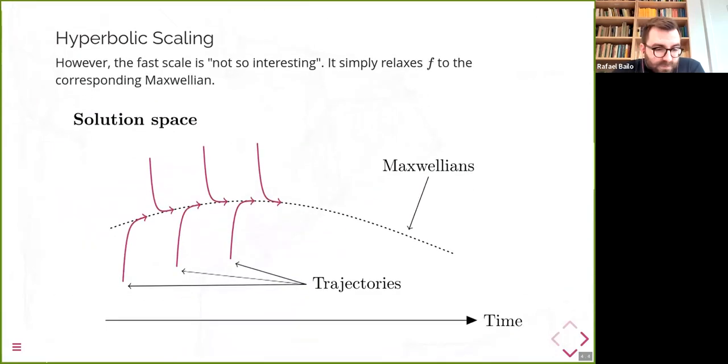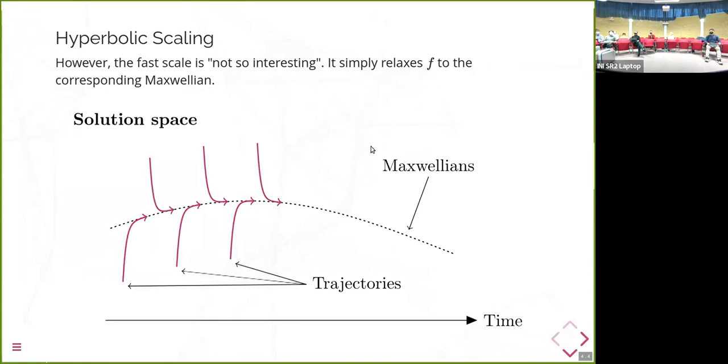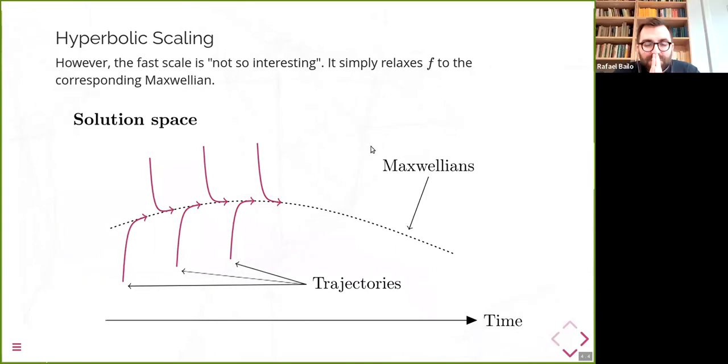Then again, this problem does have the right structure because, sorry, was that a question? No. No, okay, sorry. This problem does have the right structure because, again, this fast dynamics, this really strong collision operator, is really just doing the boring part of relaxing you to the Maxwellians. So somehow the solution space looks a bit like this.